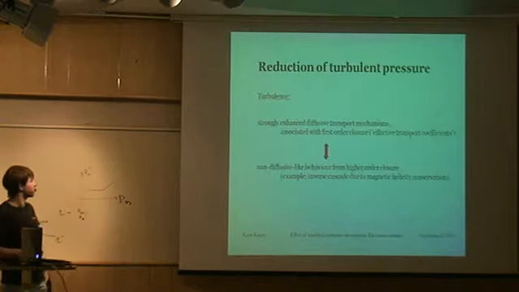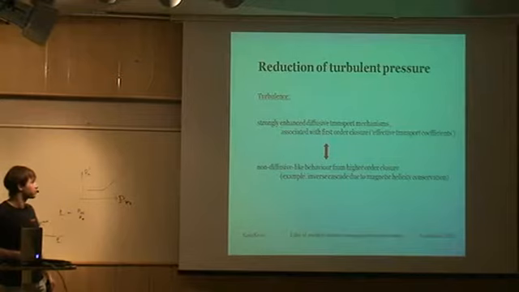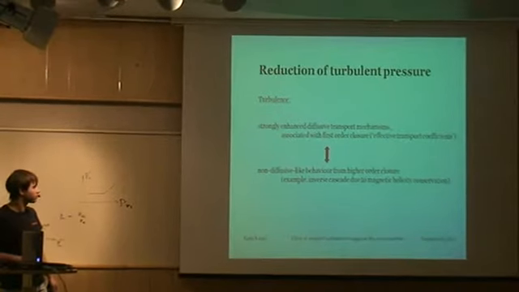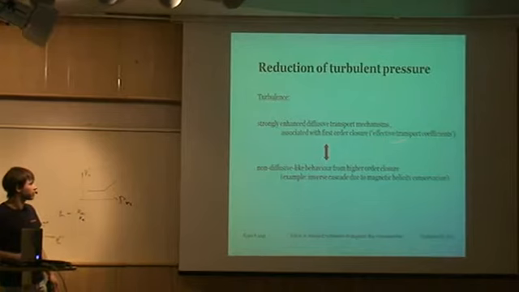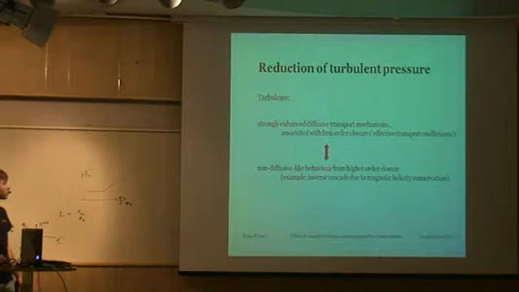If you have turbulence, then at first you see that you will have a strongly diffusive transport mechanism. And this is associated with first order closure. And you will see effective transport coefficients appear. But on the other hand, turbulence can also have strongly non-diffusive effects, which originate from higher order closure. An example is inverse cascading.